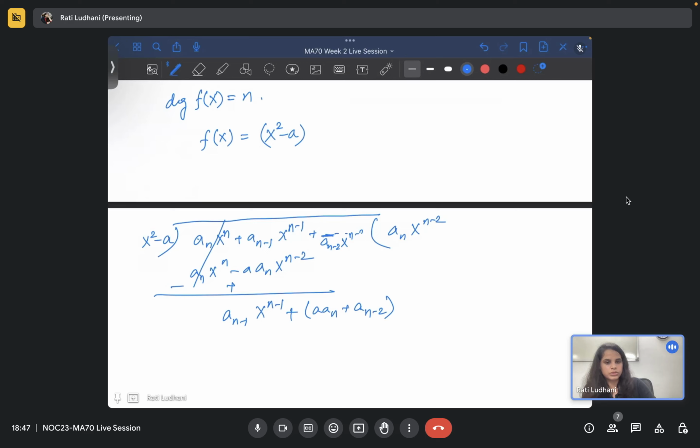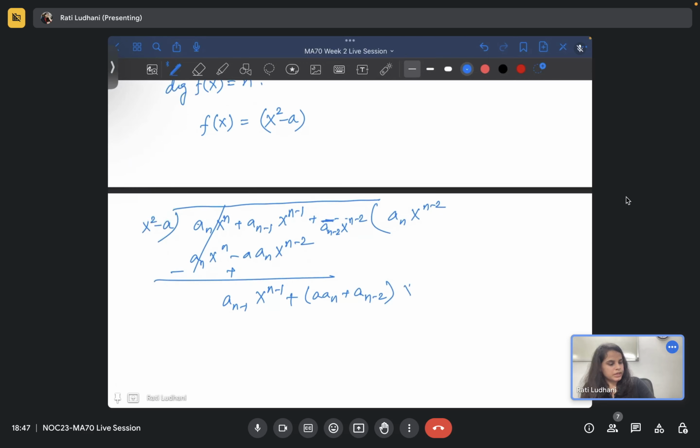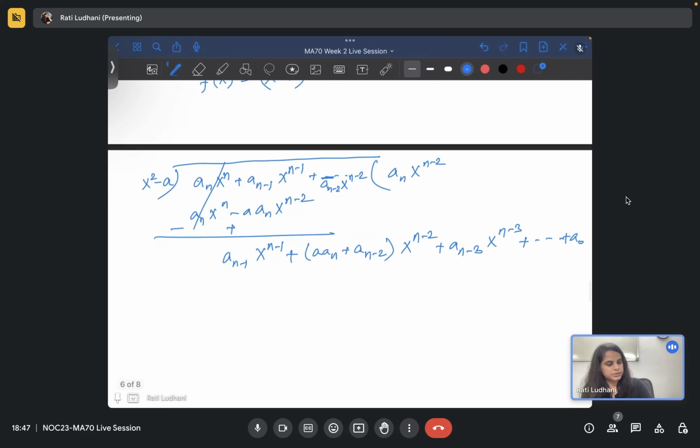You have this polynomial full x raised to power (n-2), and other terms x raised to power (n-3). These are from the polynomial itself, no change in the remaining terms.